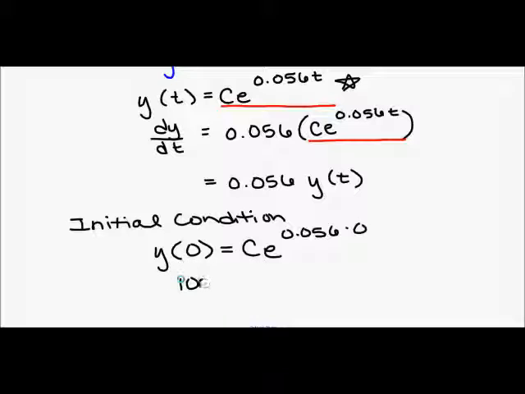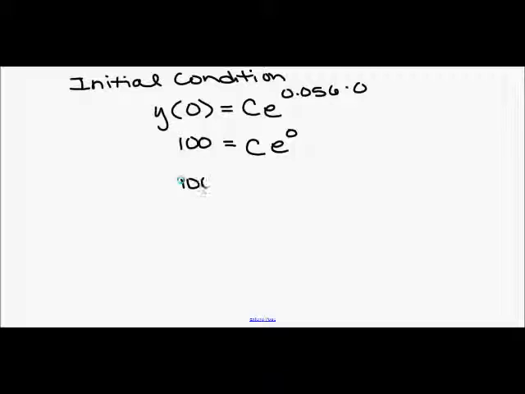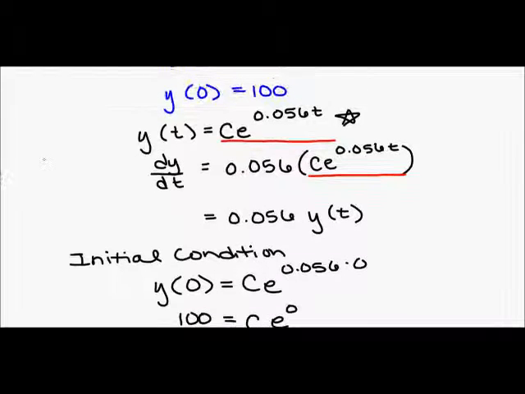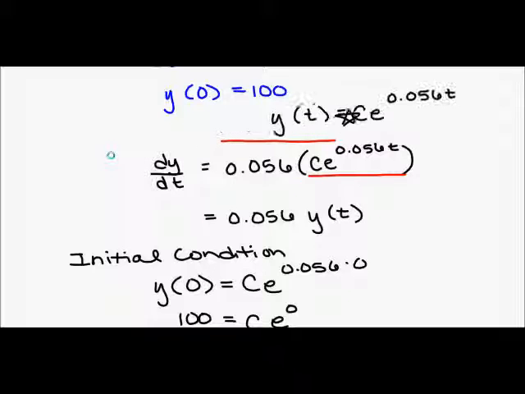So this is 100, and this ends up being e to the 0. Anything to the 0 power is 1, so I have c times 1. So basically c is 100. All right. Let me take this and plug it into my equation that I had up here, because I don't want a c here, I want a number. So move this over.